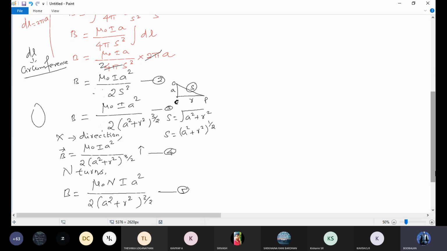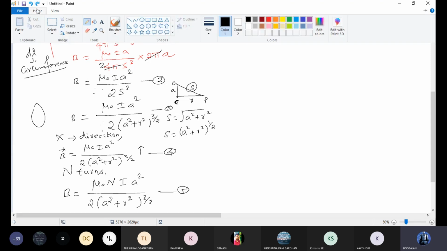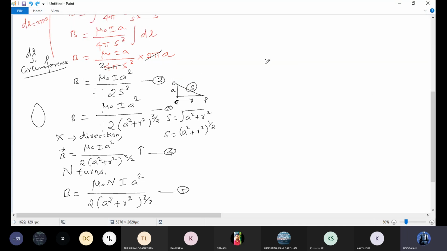Okay, next, applying for the special cases. Case 1, case 2, case 3 are there. I will tell you the cases, and you will try. The small r value. The first case, the small r value is 0. That means the center of the current loop.